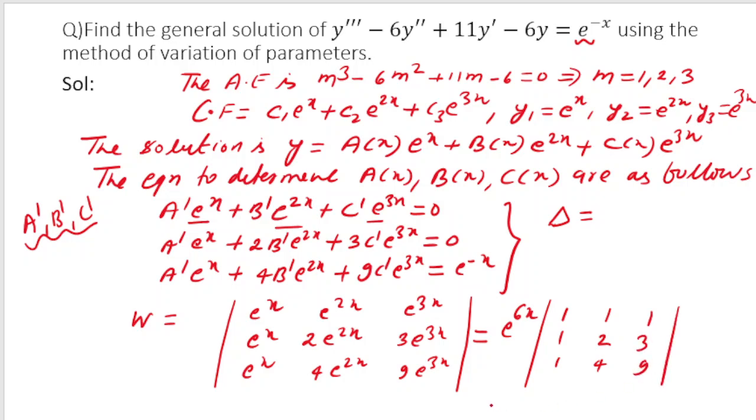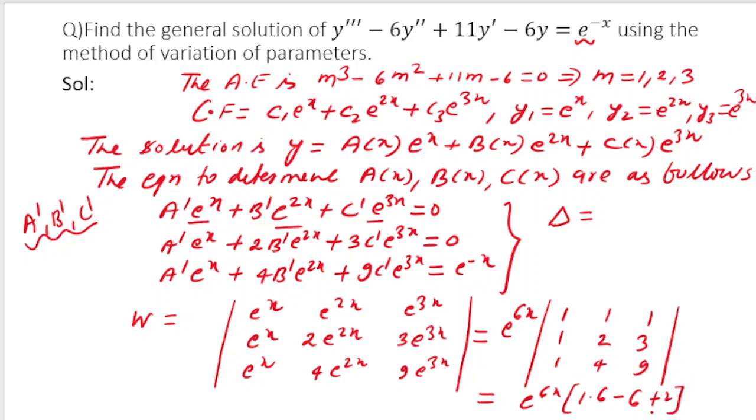So if you expand it, what you will get is e to the power 6x times: 1 into (2 into 9 is 18, minus 4 into 3 is 12), so 18 minus 12 is 6, and then minus (9 minus 3), which is 6, and plus (4 minus 2), which is 2.